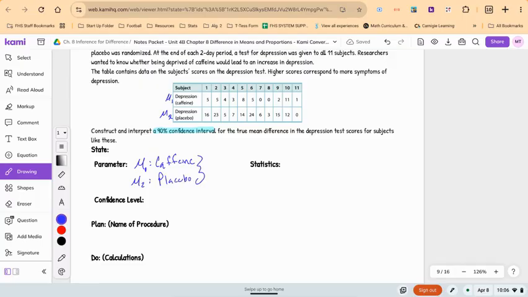And again, this is the depression scale, with caffeine and without. With our statistics, we'll have to calculate that after we use the calculator. We want a confidence level of 90%. With this, we're going to use a t interval.